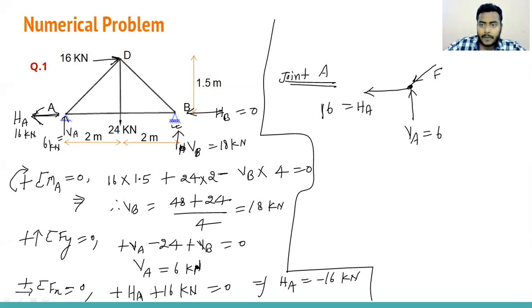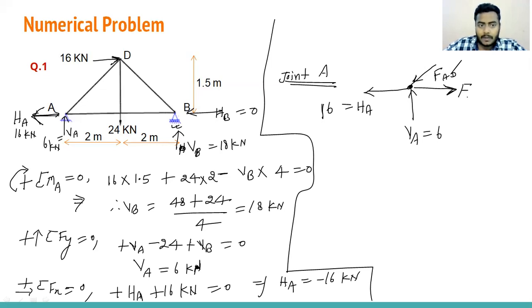So this is FAD, right? And the other force I'm writing, this arrow is pulling the joint, means this is tensile. Whatever assumption we are taking, if it comes with the positive sign, means our assumption is right. Otherwise, direction will be opposite.